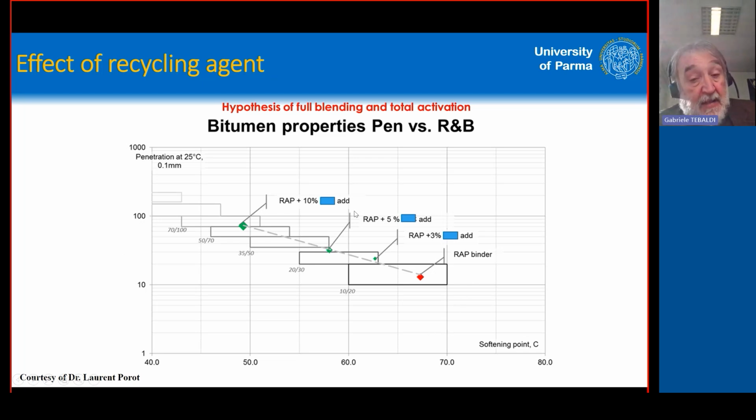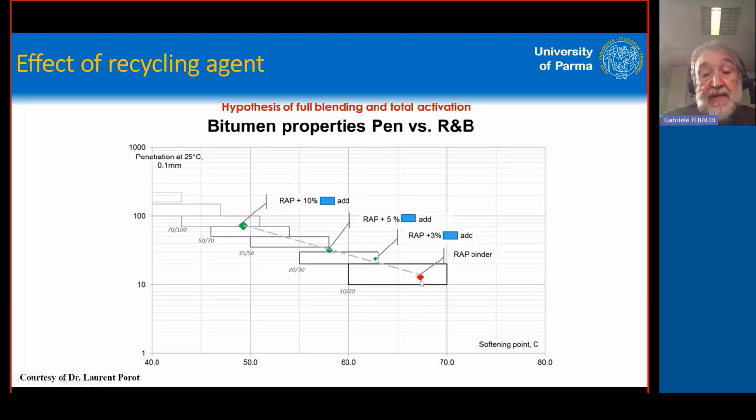Because if the agency does, as quality control of the final mix, only penetration and softening point of the recovered bitumen, we have to check something like that, because doing the recovering of the bitumen, we force the full blending of the material, and at the end we have one binder that, if it's tested only with penetration and softening point, has to match the original requirement.